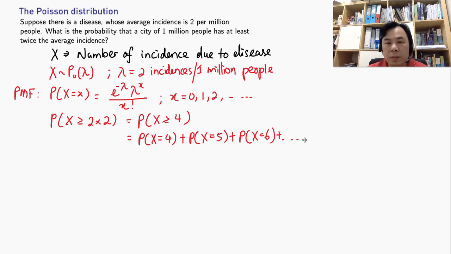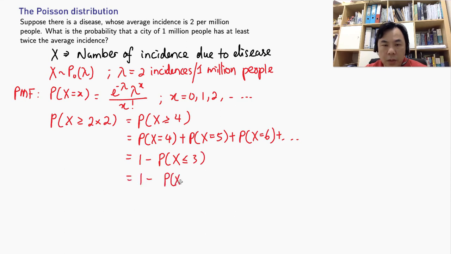Doing so is very tedious because this is an infinite summation series. The other, easier way to obtain a finite calculation is by using this method here.